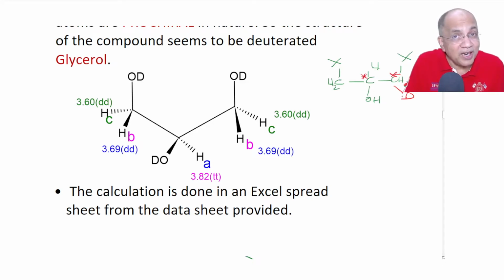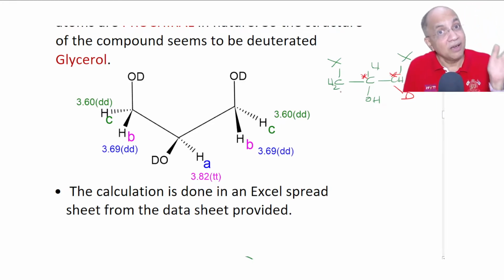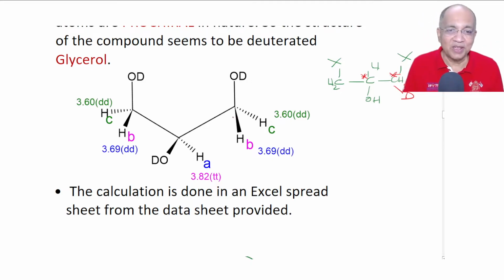So this is one diastereomer, and if you substitute the other hydrogen by the deuterium, you will get another diastereoisomer. This remaining fixed, you are changing. So the CH2 at the prochiral center, they are really diastereotopic. Therefore, these two are non-equivalent. They couple with each other by J2 coupling, but these two are equivalent.